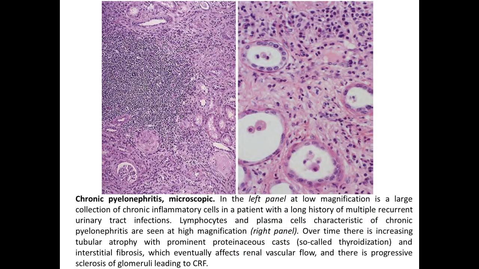Over time, there is increasing tubular atrophy with prominent casts, the so-called thyroidization, and interstitial fibrosis, which eventually affects renal vascular flow, and there is progressive sclerosis of glomeruli, which leads to changes in the glomerular filtration rate, of course, and which leads to nephrogenic arterial hypertension, chronic renal insufficiency, and uremia in future.